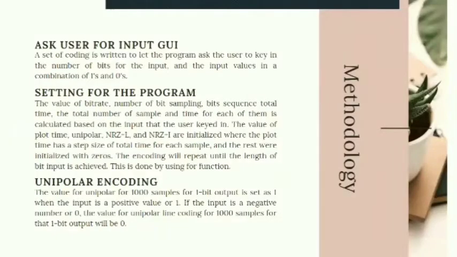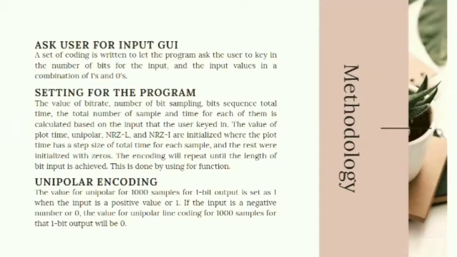Okay, now we're going to the next slide, which is methodology. This is the methodology for our program. Firstly, there are 7 steps to write this coding. The first one is we need to ask for the input from the user, for example the number of bits, and for each bit we need to decide whether it's going to be a high output, which is 1, or a low output, which is 0.